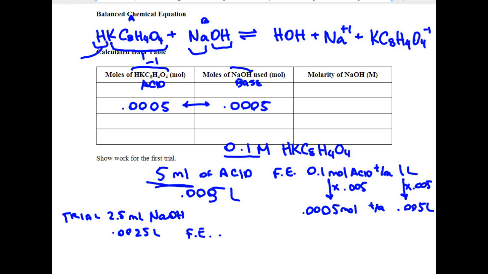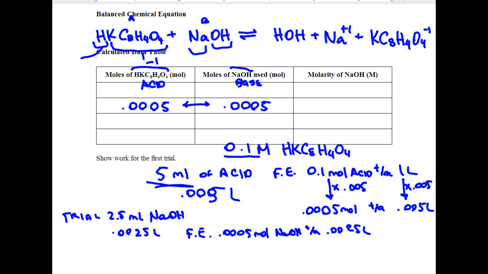So for every 0.0005 moles of NaOH, there are 0.0025 liters. This is just what we have right now, because the moles of acid is equal to the moles of base, and in trial 1 we used 2.5 milliliters of the base. So that's all we wrote down.